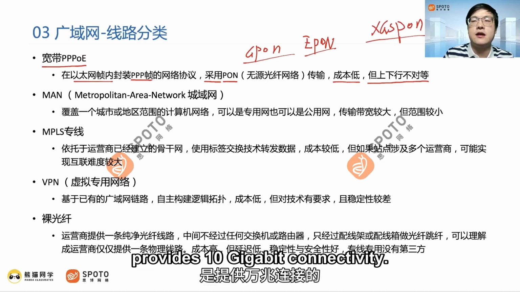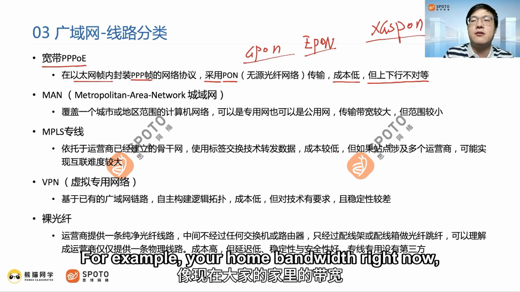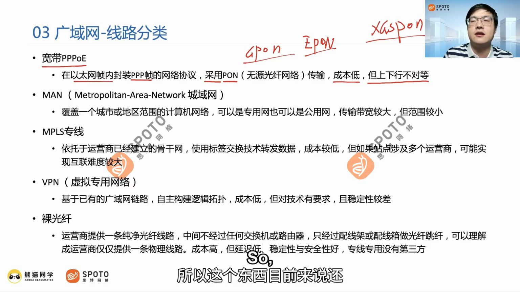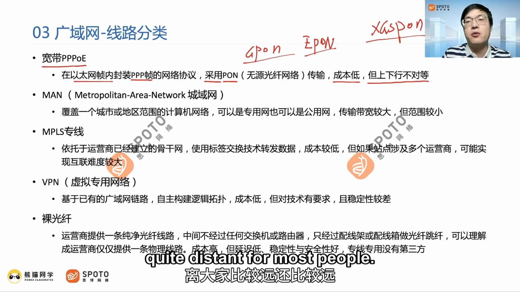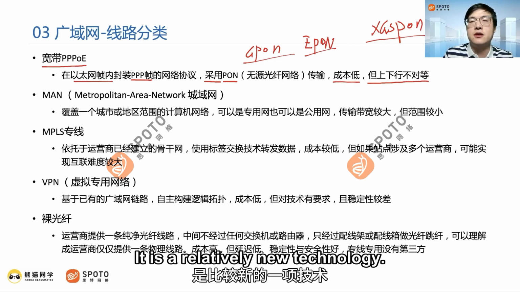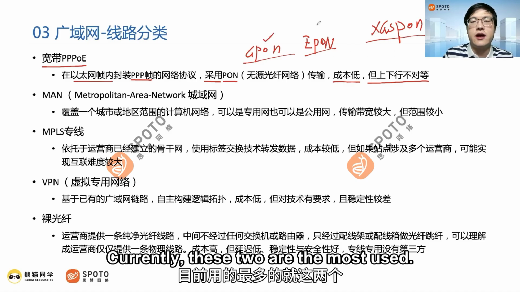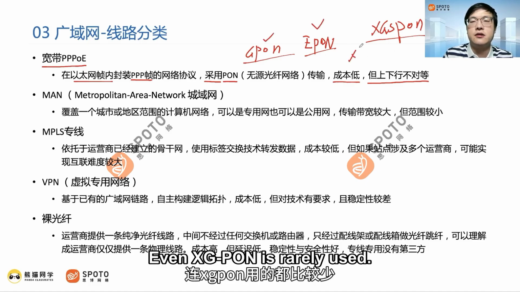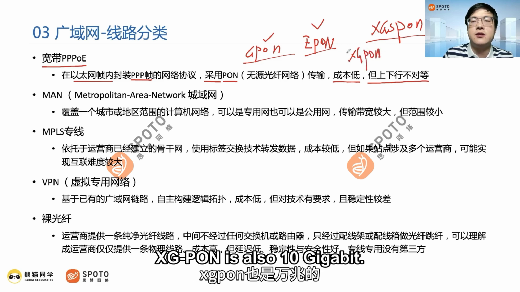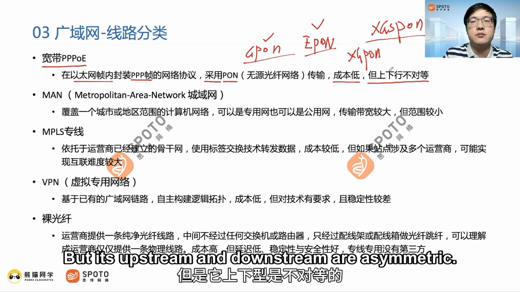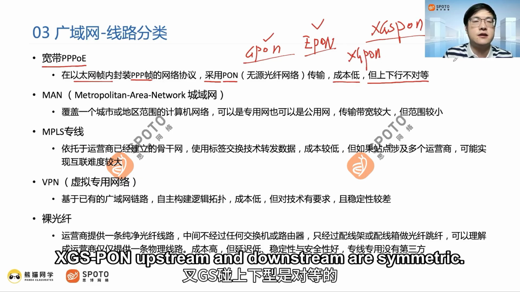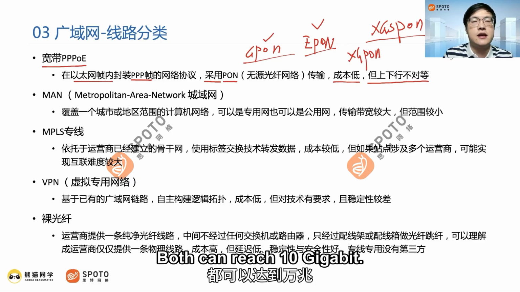For example, your home bandwidth right now hasn't reached 10 gigabit yet, so this technology is currently still quite distant for most people. It is a relatively new technology. Currently, GPON and EPON are the most used. Even XGPON is rarely used. XGPON's upstream and downstream are asymmetric, while XGS-PON's are symmetric. Both can reach 10 gigabit.